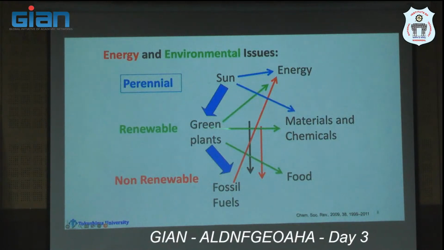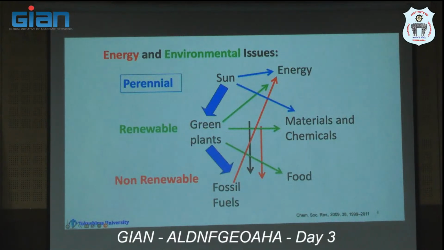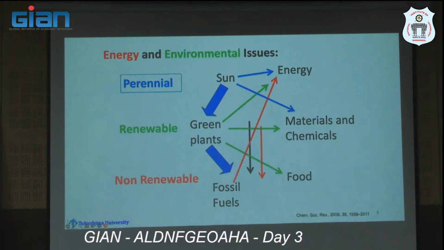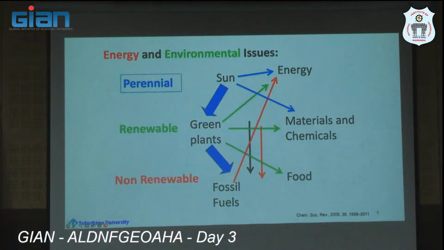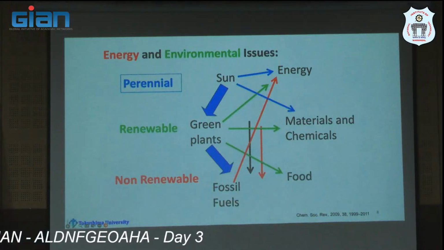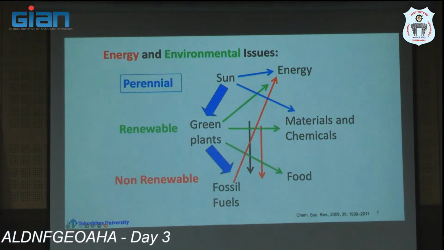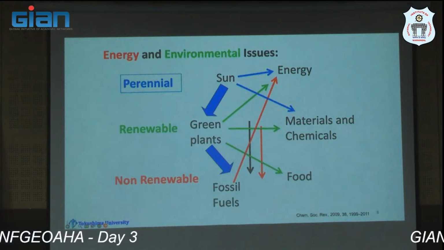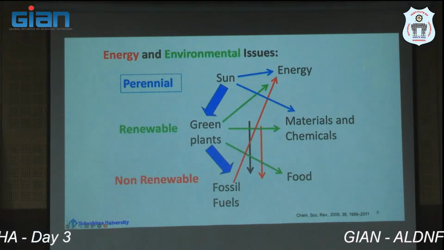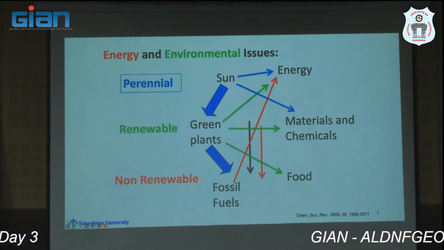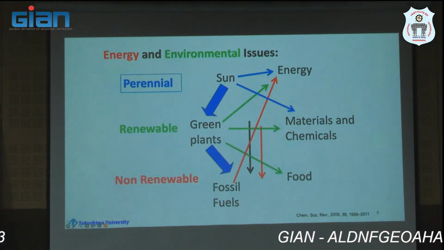But when we use renewable energy, it is not complete green energy. It needs some kind of assistance of electricity or some other method of support, so we cannot say it is green energy. We can say it is renewable energy.